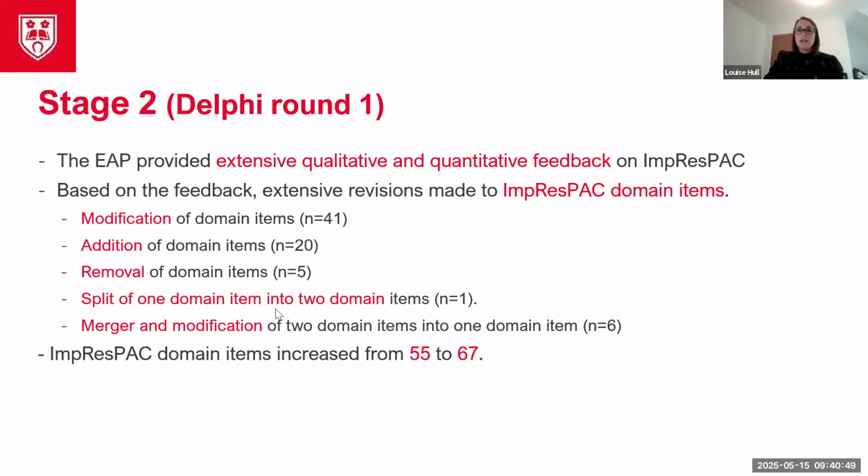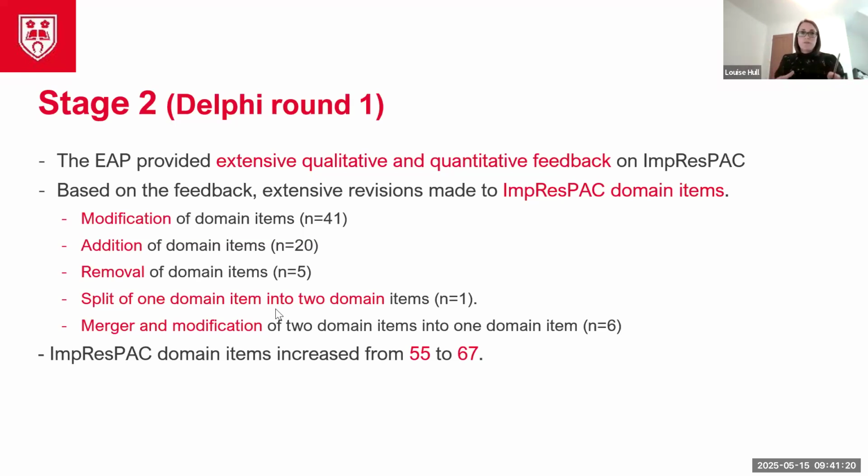And what we did is we provided them with the ImpResPAC domain items that were associated with their expertise. So some of the experts received, for example, the implementation outcomes domain, and they just reviewed that domain. But we did give them the opportunity, if they felt that they had expertise in other domains, to also review those domains. So not all 68 experts reviewed ImpResPAC in its entirety.